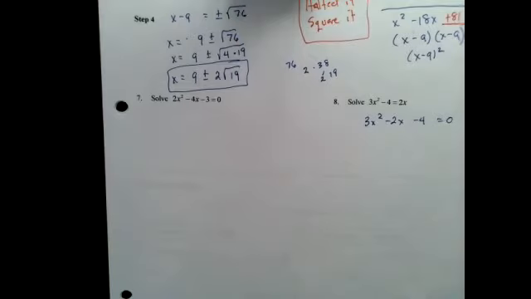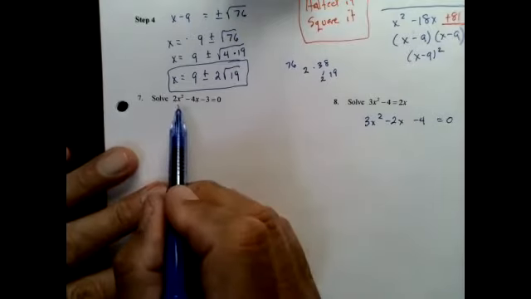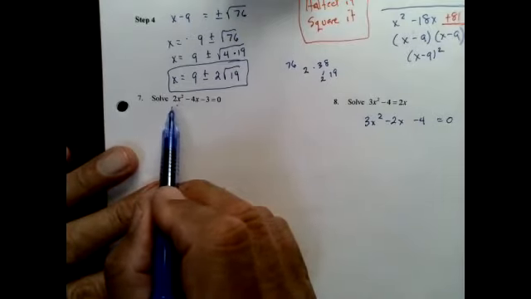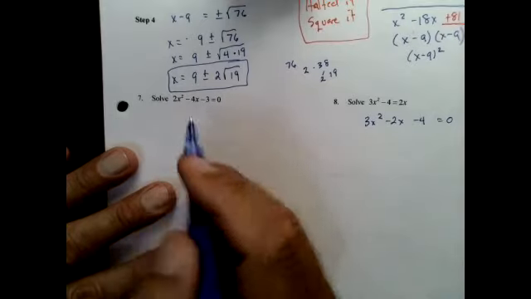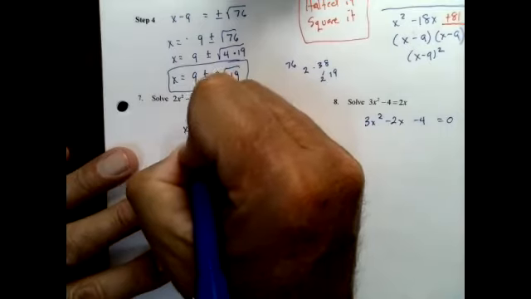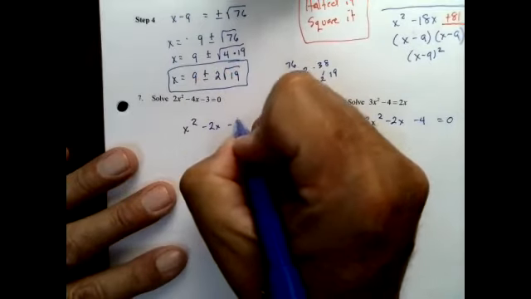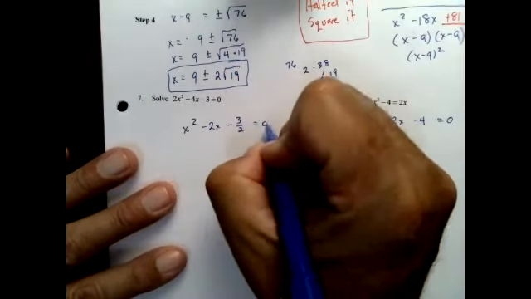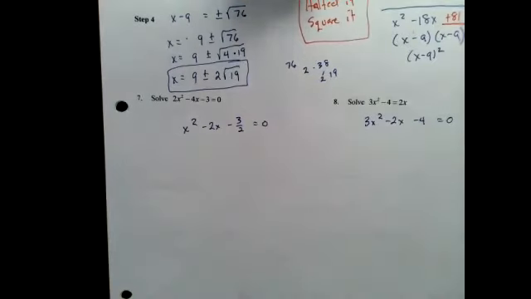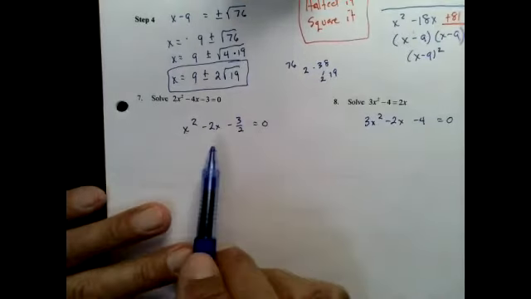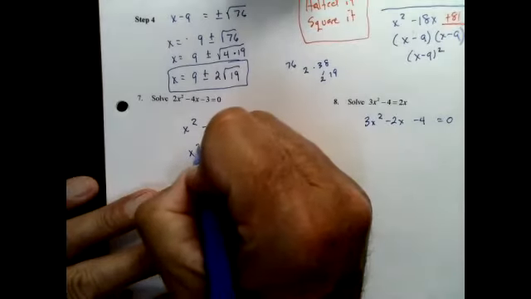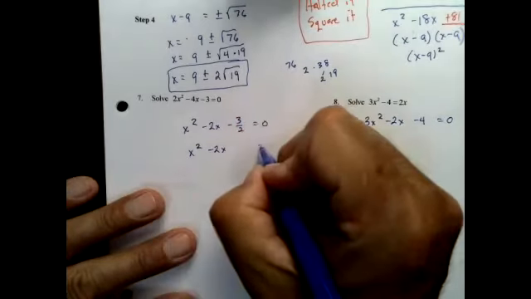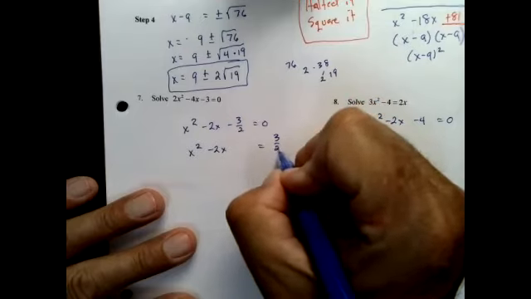All right, let's see how far you got. First thing I need to do is make this a 1 out front. So I'm going to divide everything on both sides by 2, the leading coefficient. X squared minus 2x minus 3/2 equals 0. Next thing I'm going to do is get rid of the constant term. X squared minus 2x equals 3/2.